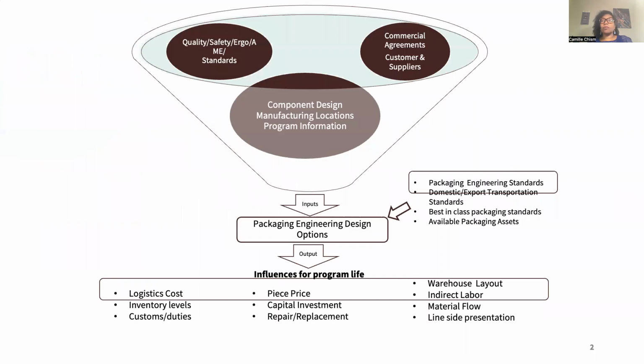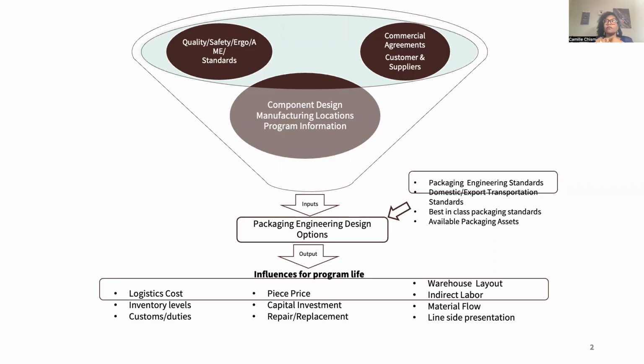Okay, so next, I just have this graphic here. It mostly represents some of the things that are going into the whole process for packaging, that once those inputs go into the system, the packaging engineering or design team can start looking at what are their options for packaging.